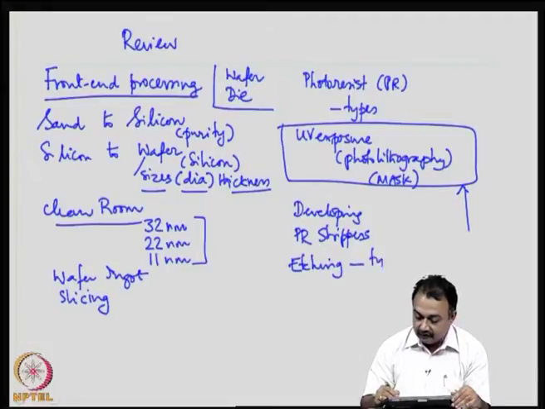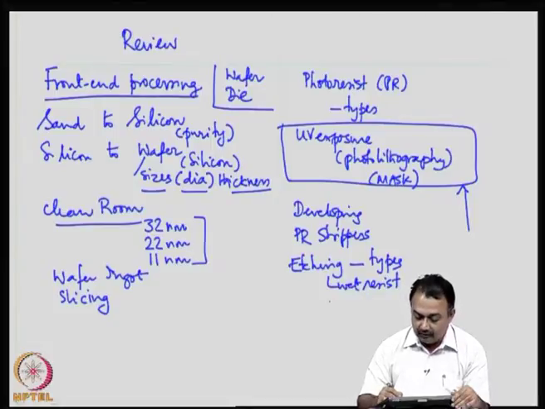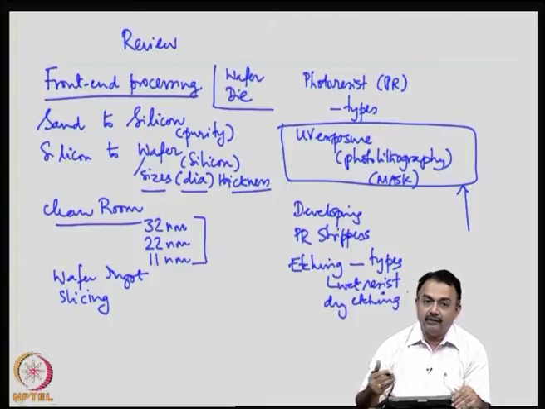We saw different types of etchants. Typically, wet resists are used, but we also briefly saw how dry etching can be employed in the semiconductor manufacturing or even in the board level manufacturing like dry plasma and so on.